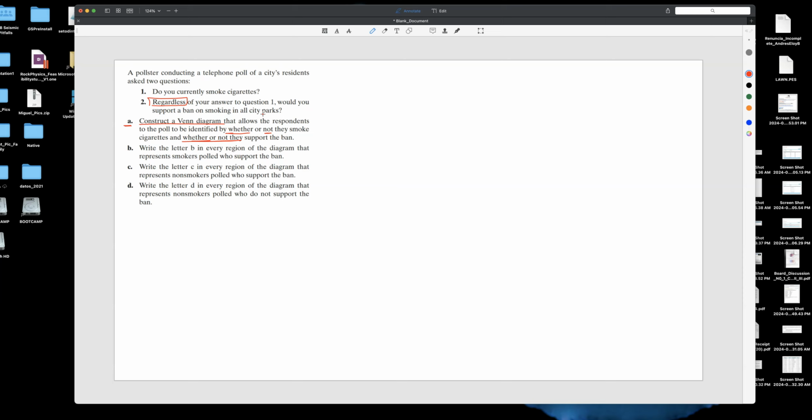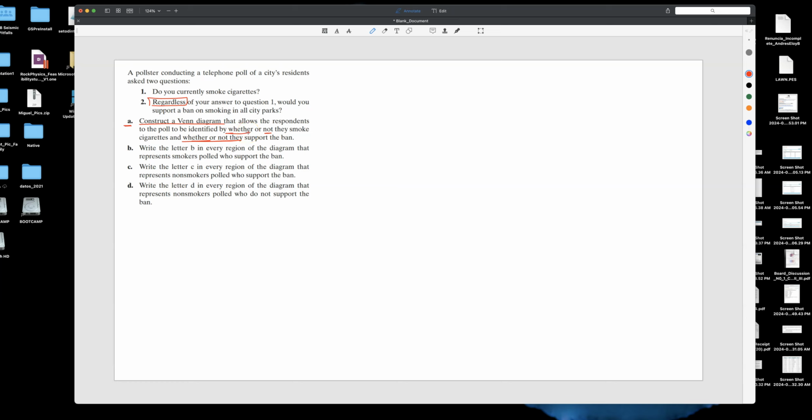Now the question is, in the Venn diagram, are those sets going to have an intersection, yes or no? This is why the word regardless is very important, because that word, together with whether or not, answers that question.